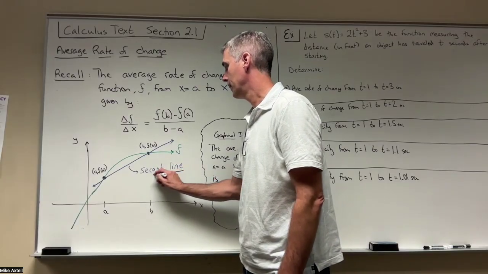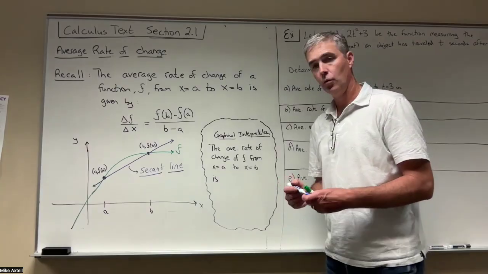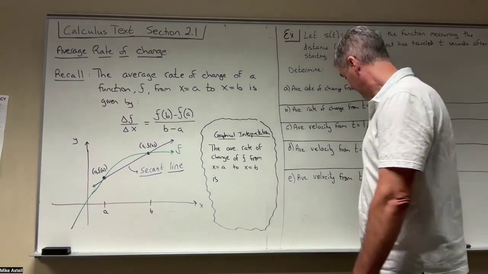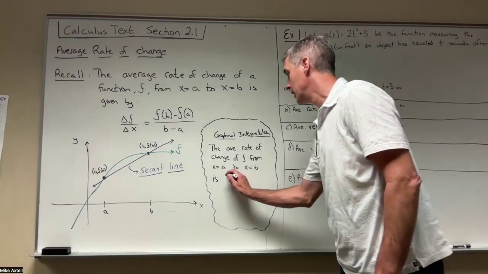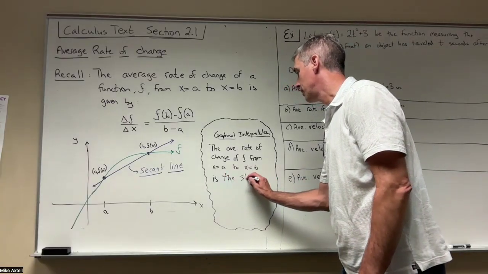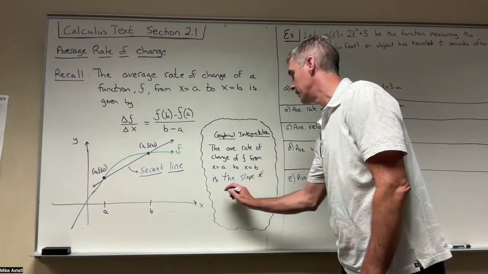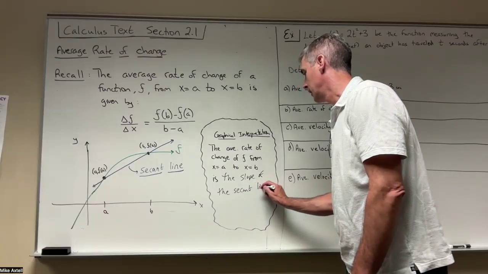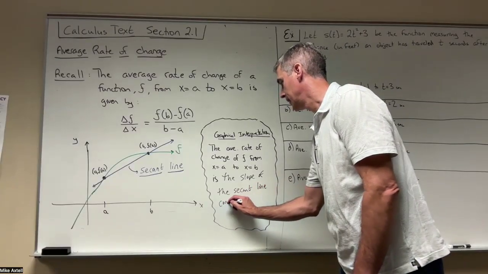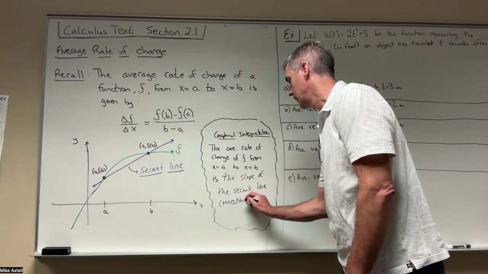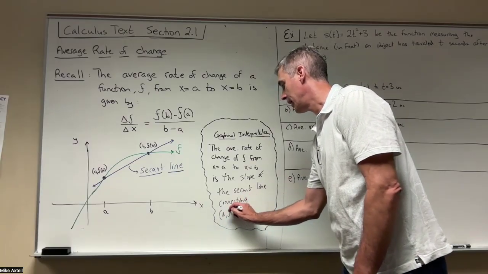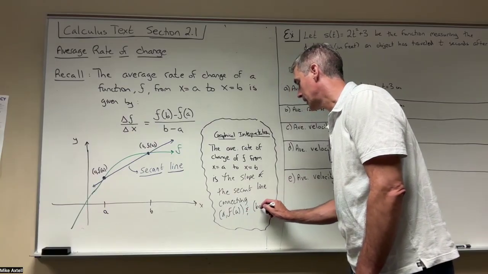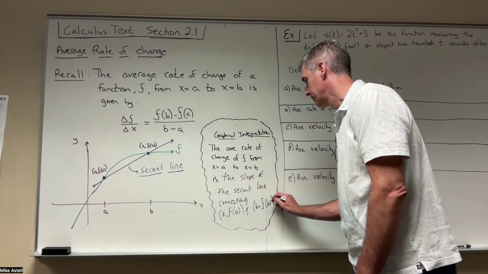All right. So this means the average rate of change of f from x equals a to x equals b is the slope of the secant line connecting a comma f of a and b comma f of b.